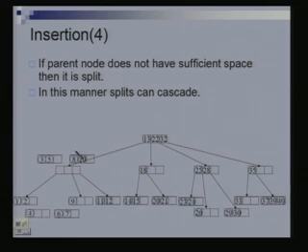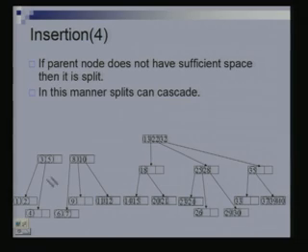Yes, because when a split happens, we take the largest key of the smaller node and promote it up. So the left 2 children, the first 2 children, would be made children of this node, the right 3 would be made children of this node.